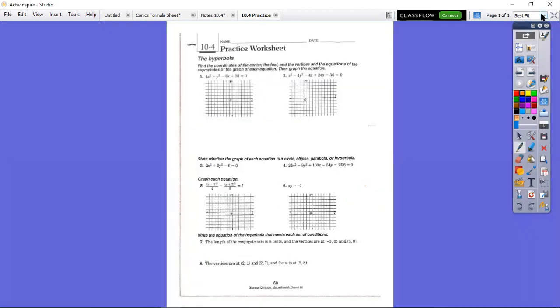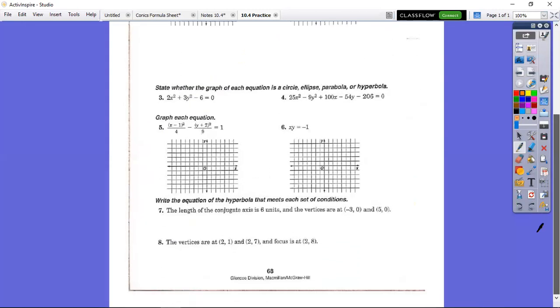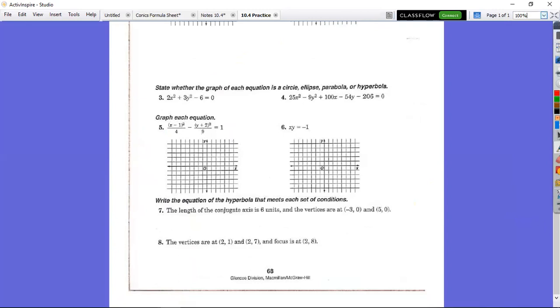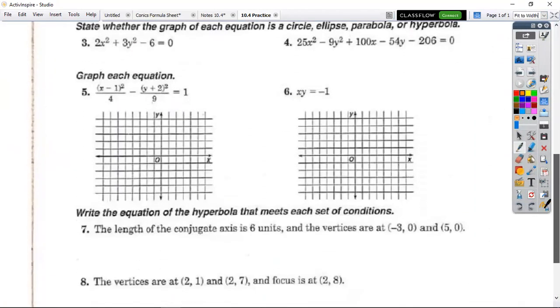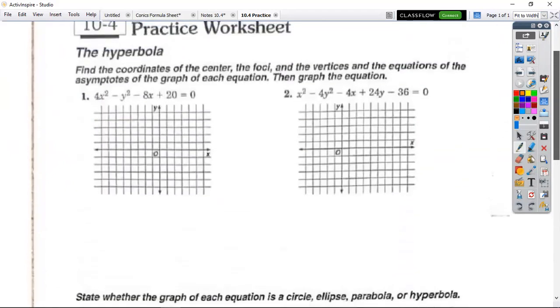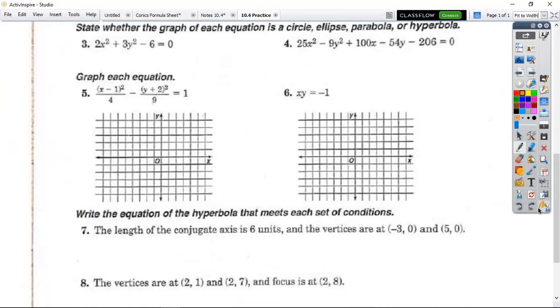All right, so what did I say, number 3? Find the sheet that says 10-4 on the top. All right, so we'll start right with 3. State whether each one is a circle, ellipse, parabola, or hyperbola.